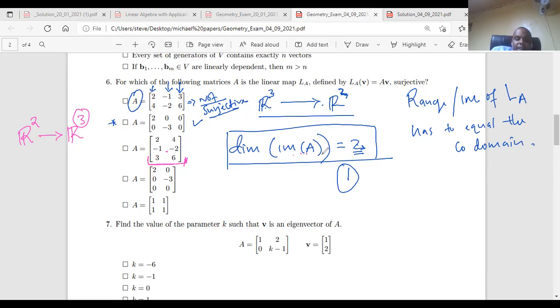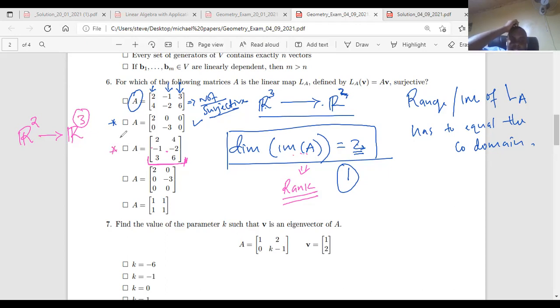Oh, and by the way, the dimension of your image is just your rank. So here the rank is 1, and the rank is not 3.